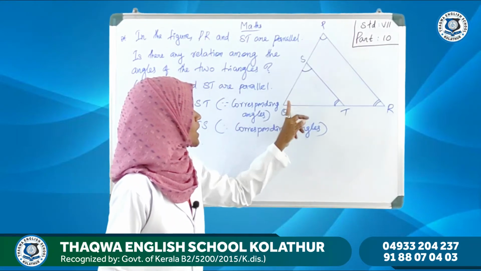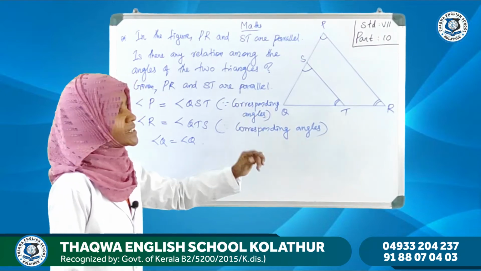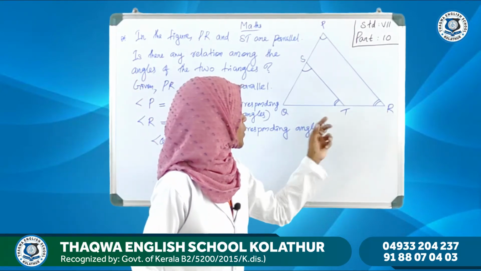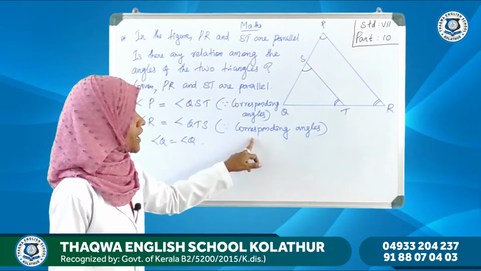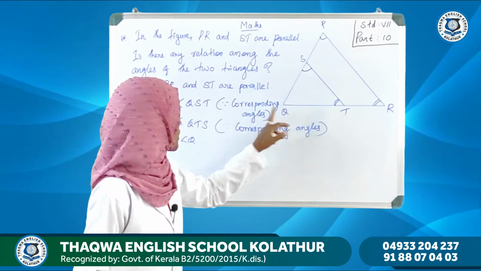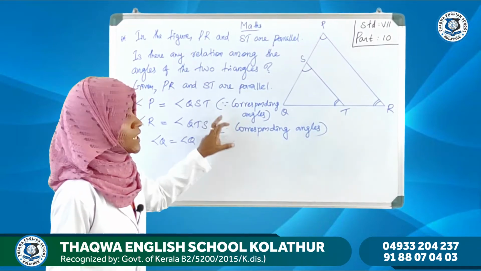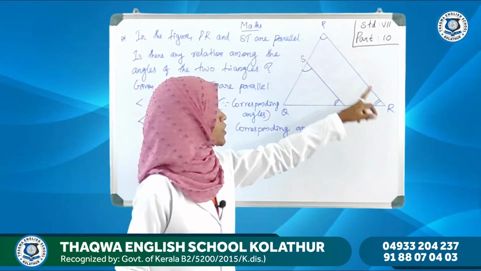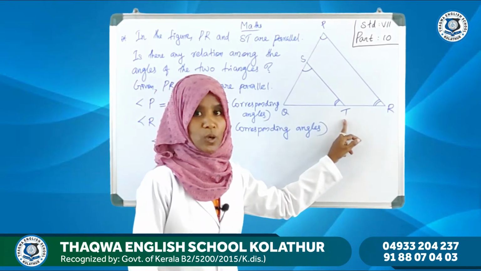Angle P equals angle QST, corresponding angles. Also angle R equals angle QTS. They are also corresponding angles. Next, angle Q equals angle Q. So we can say that the three angles of triangle PQR and triangle QST are equal.